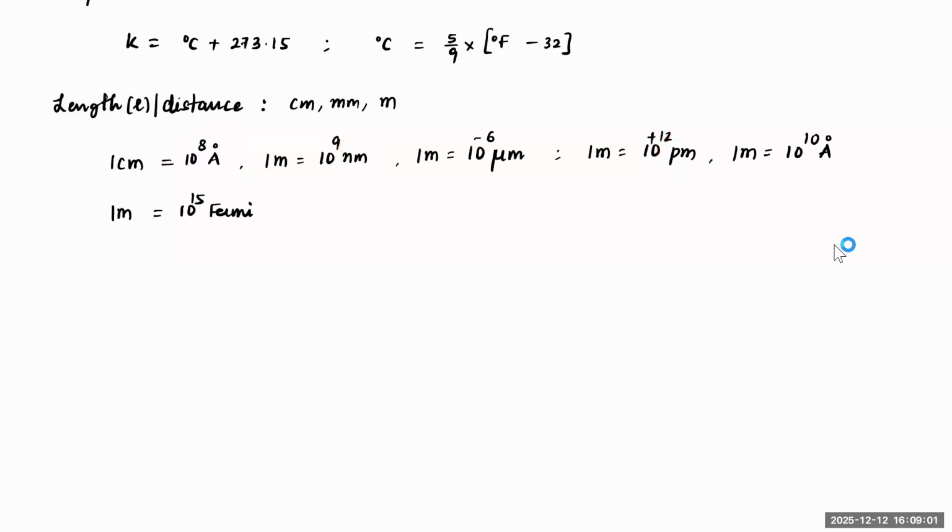Okay. So, what is the Fermi unit used for? Fermi unit is used for measuring extremely small lengths like the radius of the nucleus. Okay. The radius of the nucleus is approximately 1 Fermi unit. Got it?